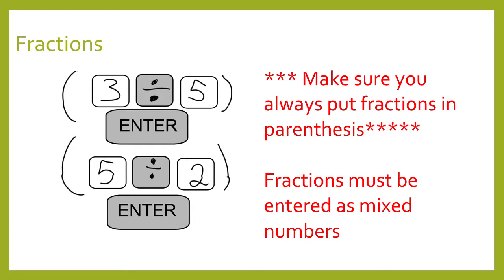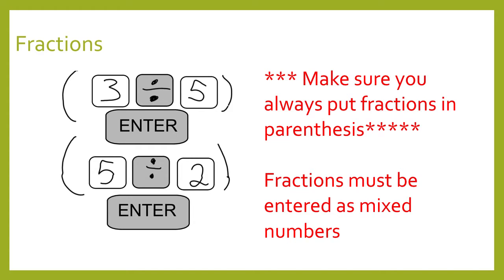When you put in the fraction, you will see you get 0.6. Now when you put in 2.5, you have to change that to a mixed number. 2 times 2 is 4, plus 1 is 5.